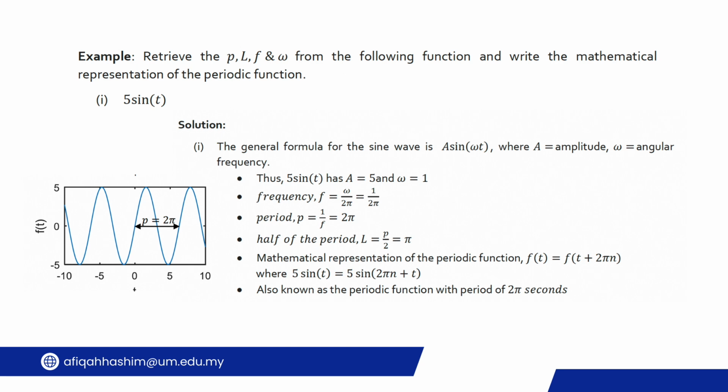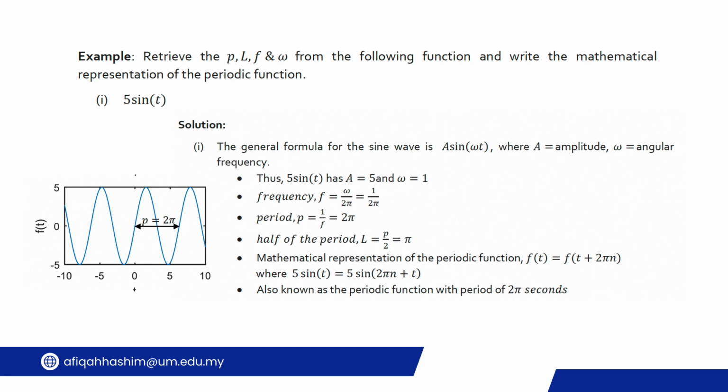So the frequency f is equal to W over 2 pi. Because our angular frequency is 1, the frequency becomes 1 over 2 pi, and the period P is equal to 1 over f. So our period is 2 pi. Half of the period, which is L, is the period divided by 2, so it becomes pi.